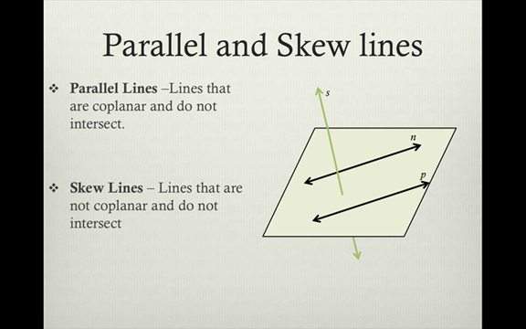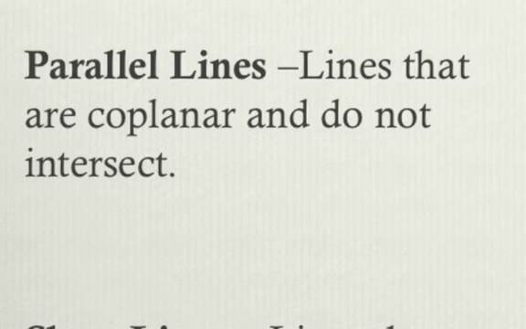So moving on to the first part, parallel lines and skew lines. Parallel lines, you guys have dealt with these before. I know that for a fact. So remember, parallel lines are considered to be lines that are coplanar and do not intersect.